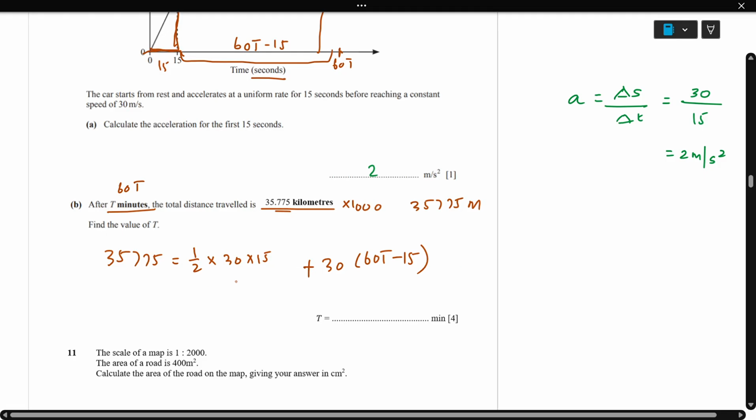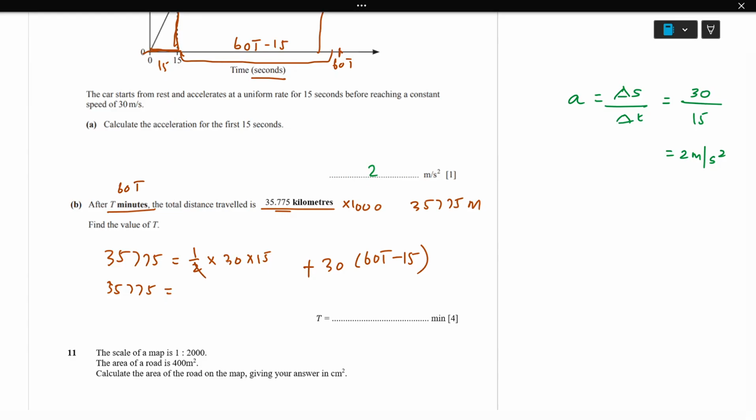So we'll calculate: 35775 equals half times 30 times 15, which is 225, plus, when you multiply inside, 3 times 6 is 18 then two zeros, 1800t, minus 15 times 30, which is 450. Then 225 minus 450 becomes minus 225, so 35775 equals minus 225 plus 1800t.